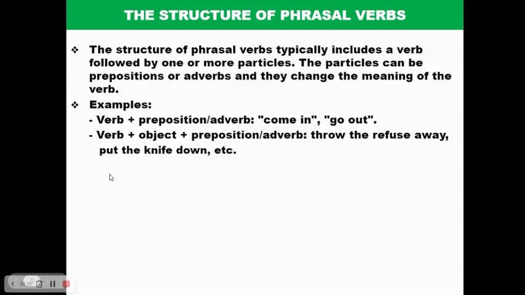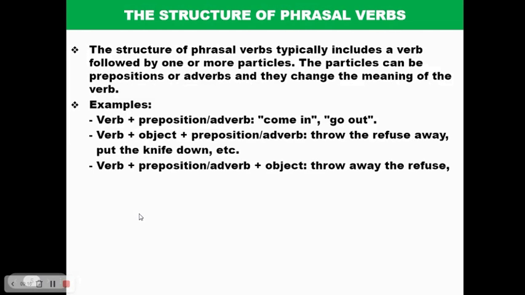Then let's look at another structure. Well, another example is put the knife down. Put is the verb, the knife is the object, down is, of course, the preposition, okay? You have verb plus preposition or adverb plus object. You see? So you have the verb and the preposition. You have this structure.